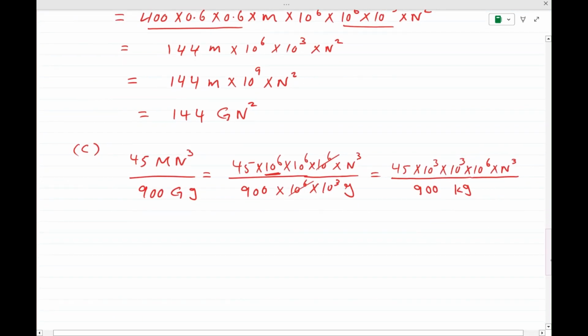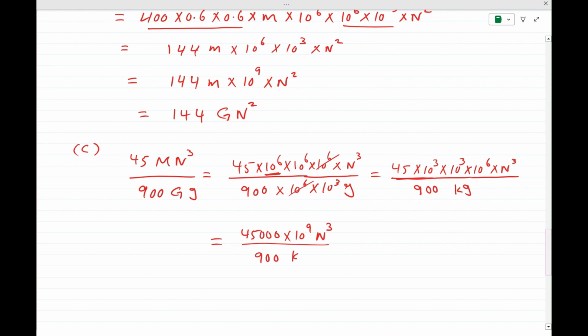This all should equal 45 times 10 to the power 3, which is 45,000, times 10 to the power 9 newton cubed over 900 kilogram. 45,000 divided by 900 is 50, times 10 to the power 9 newton cubed over kilogram.